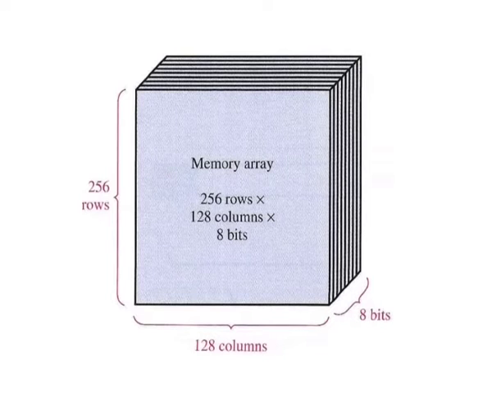There are actually 2 to the power 15 addresses, and each address contains 8 bits. The capacity of this example memory is 32,768 bytes, or typically expressed as 32 kilobytes.